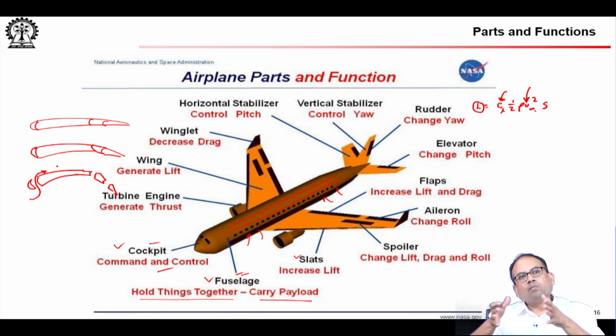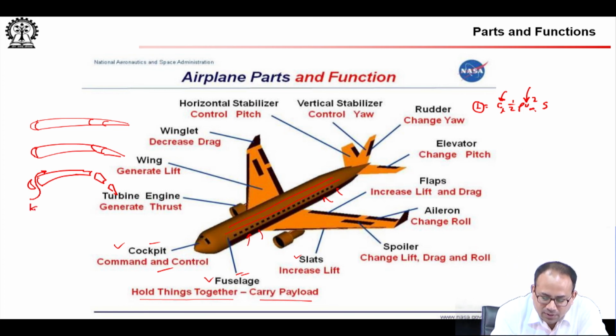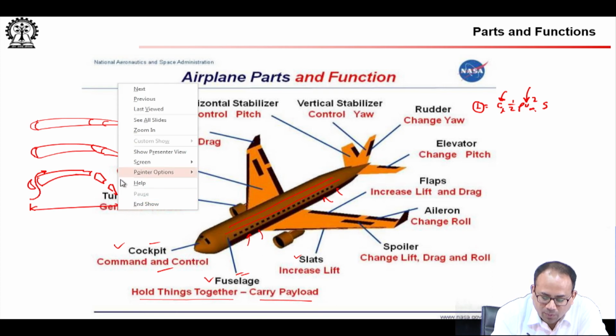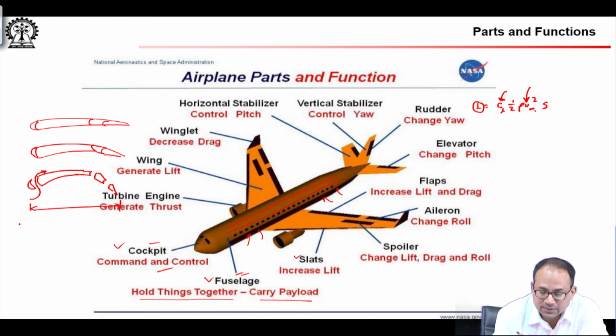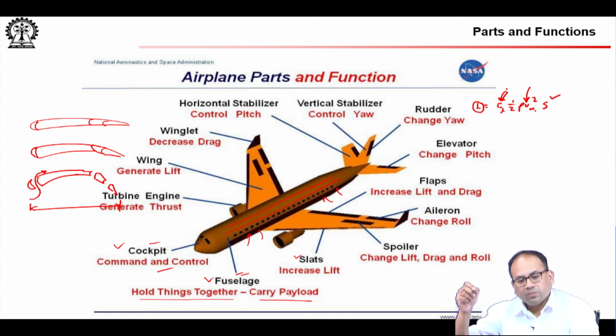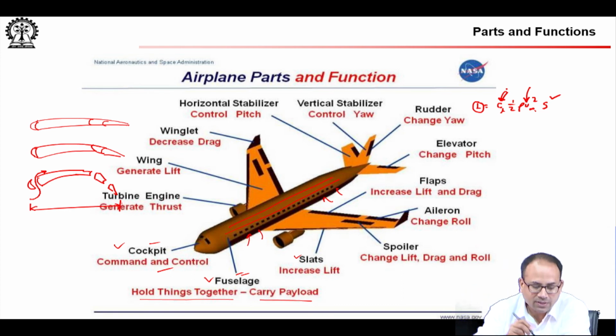Of course, you get more S when this whole thing opens up, the planform area from the top view increases. So, S increases, CL increases, and of course, you prevent the stalling behavior by this injection of high energy air or high velocity air.